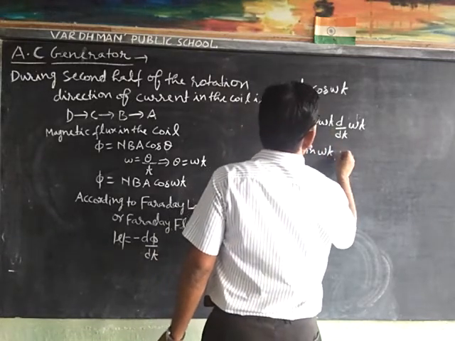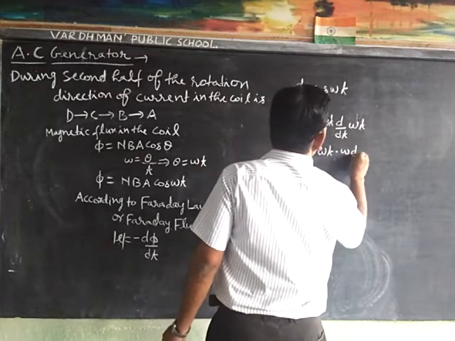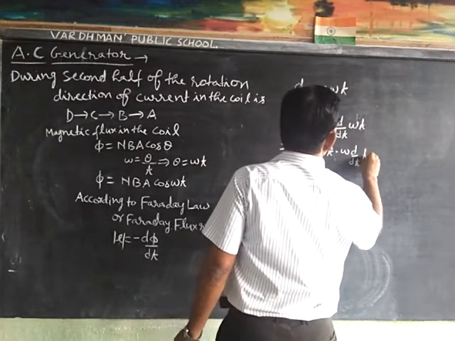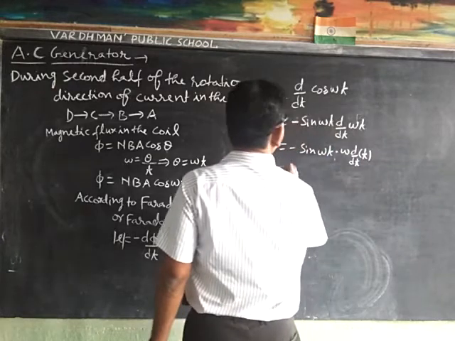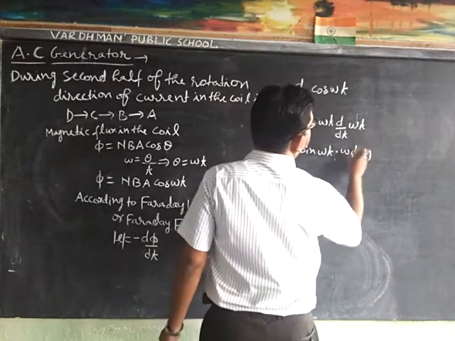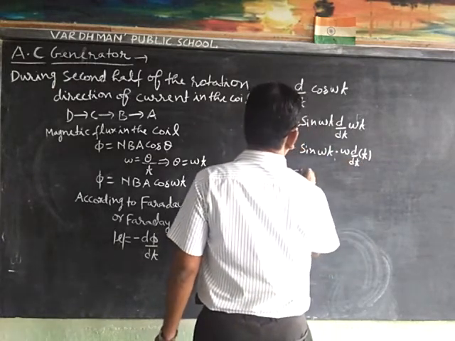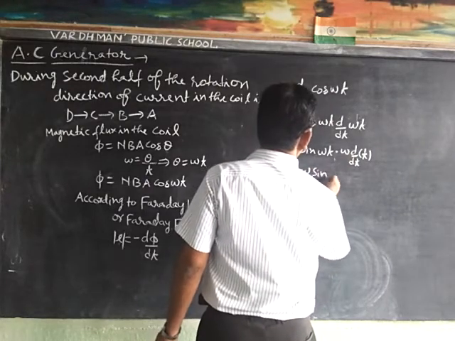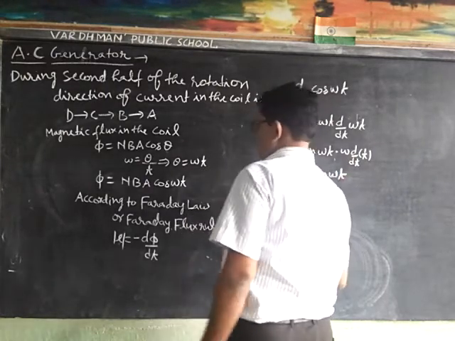We take omega out, d upon dt of t is equal to 1, that is minus omega sin omega t.